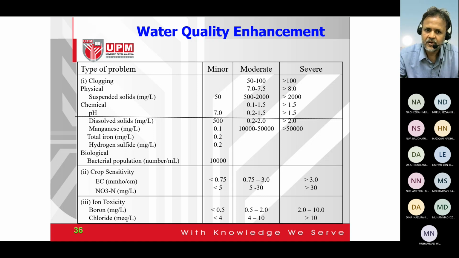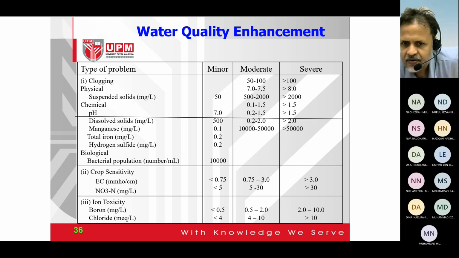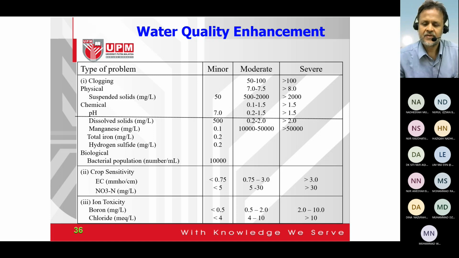We have a main road, a small road, then another road. The destinations are in different places. So this is the main road, then this one we can call sub road, or sub district, similar to here. So from the water source, what is the location of the fields? If in different places, we use the submain.